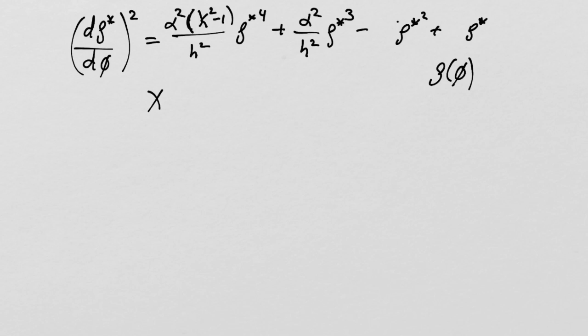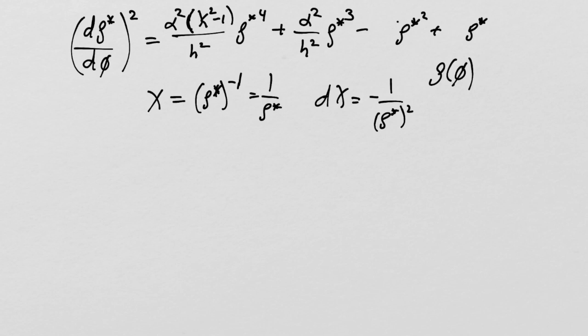I'm going to substitute chi equals rho star to the minus 1. This dimensionless Schwarzschild radius to the minus 1, or equals 1 over rho star. And therefore d chi equals minus 1 over rho star squared d rho star. I'm going to make that substitution.